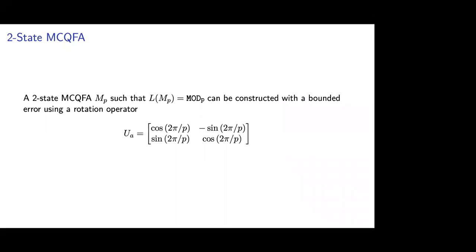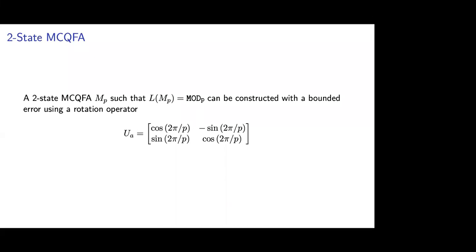It has 2 states, hence it can be implemented with a single qubit. And we start with the accepting state, which is generally chosen as the ket 0 1. Then with each symbol, we apply a rotation of 2 pi over p radians. And then we compute as such.